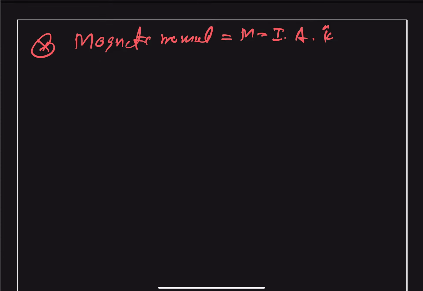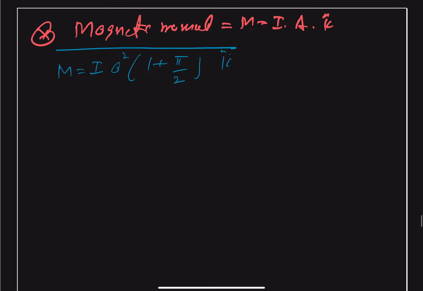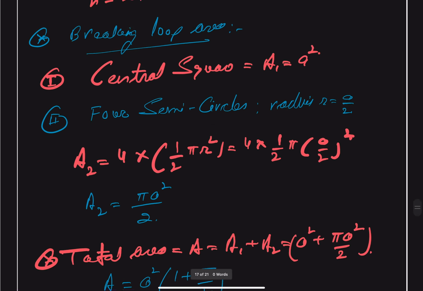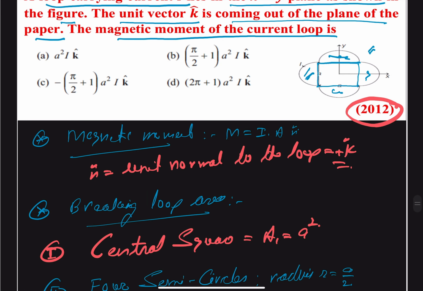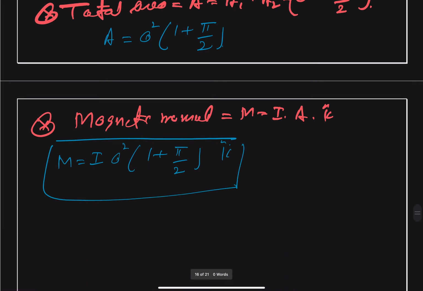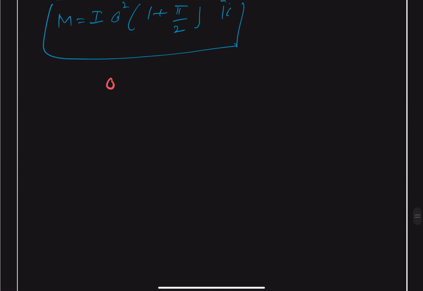Now we substitute the value of our area, we get moment is equal to I a square times 1 plus pi by 2 times k unit vector. So this is our magnetic moment, and option number B is the correct one. Option B is correct.